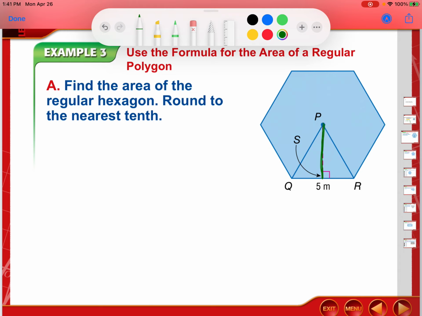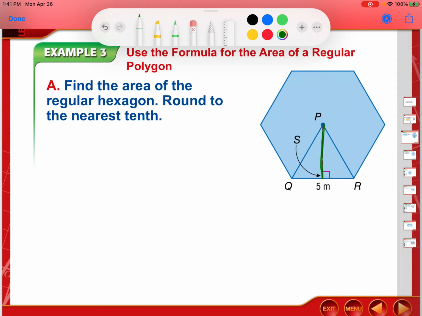Since this line is going from the corner to the center, and all of these are going to the center, they're all going to be angle bisectors. And I know one interior angle on a hexagon is 120 degrees.